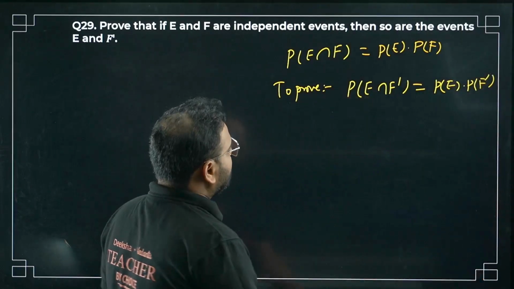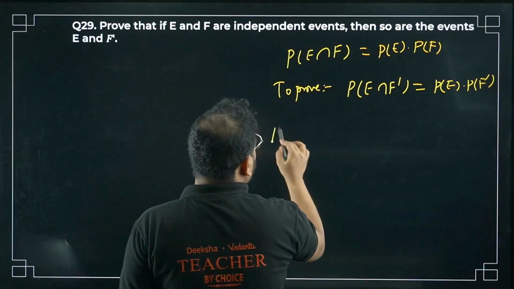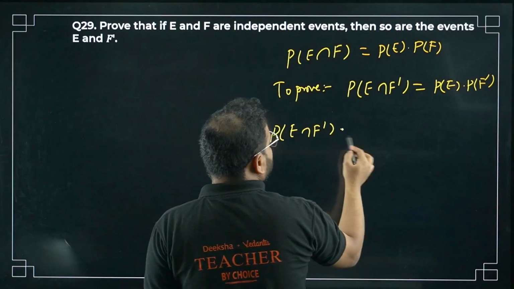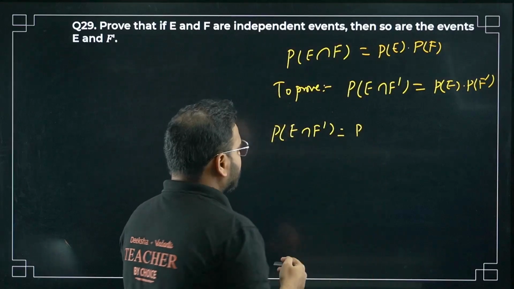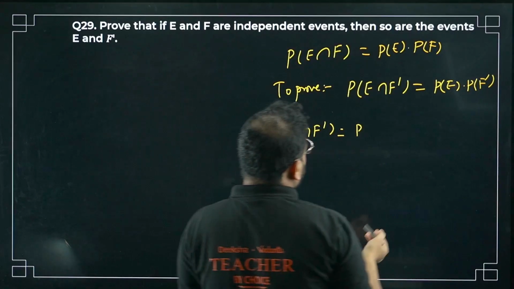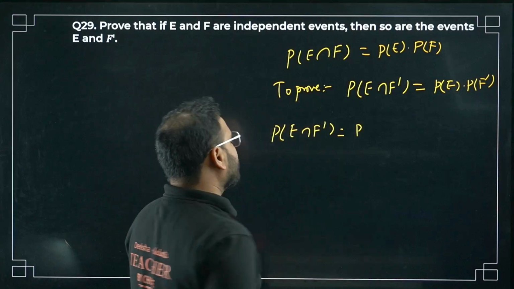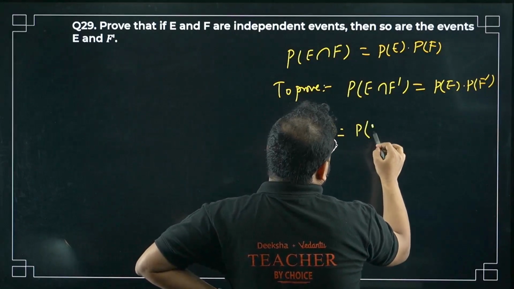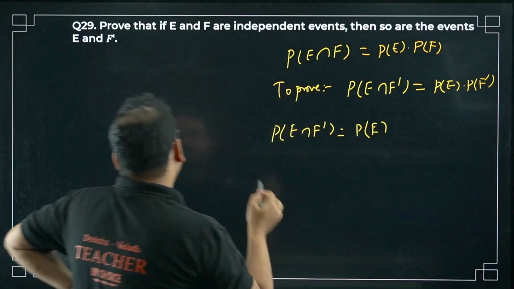Alright, let's do this. You can start from here only. Take the LHS part, P(E) intersection not F. Please check what this will become.